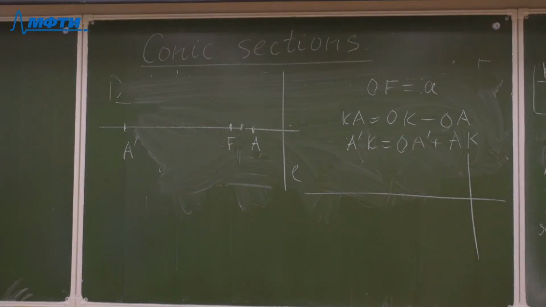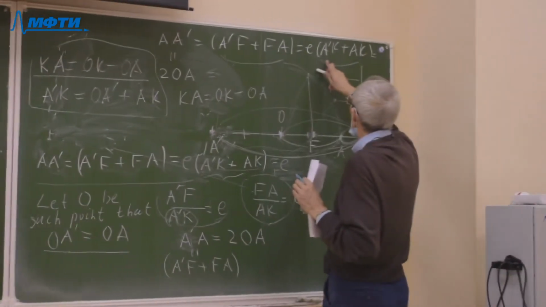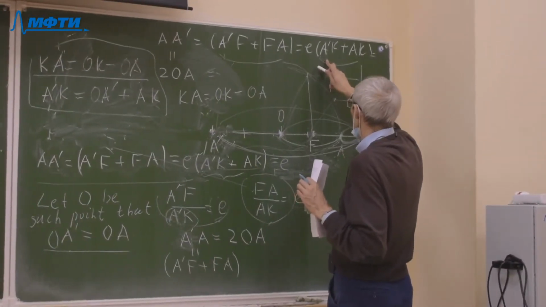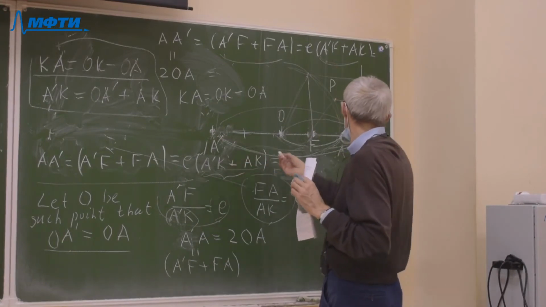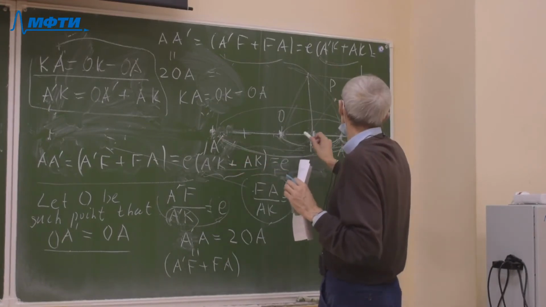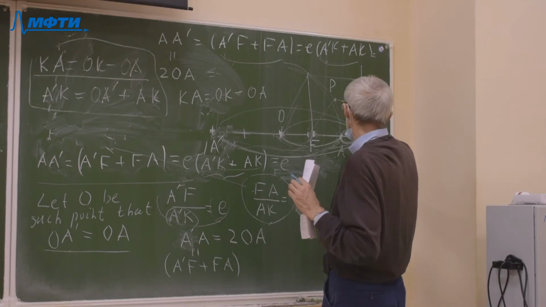I'm sorry, A prime F plus FA. This is the right equality: A prime K plus AK.